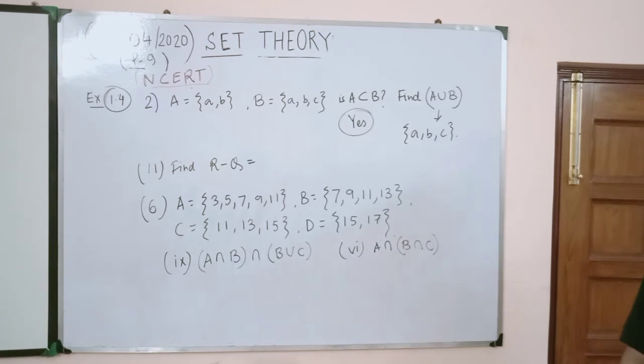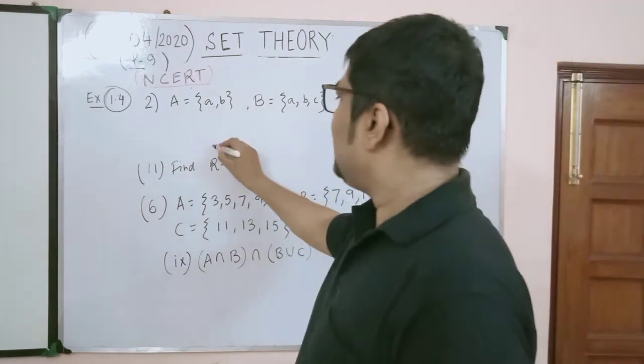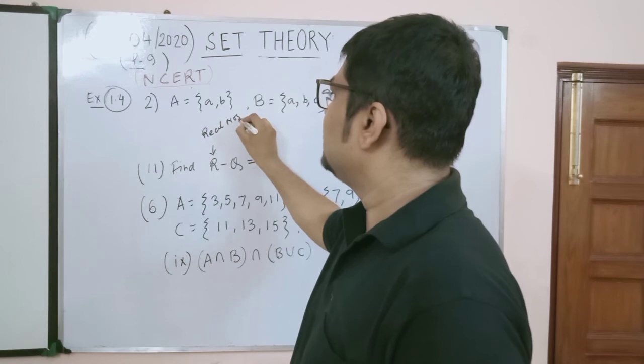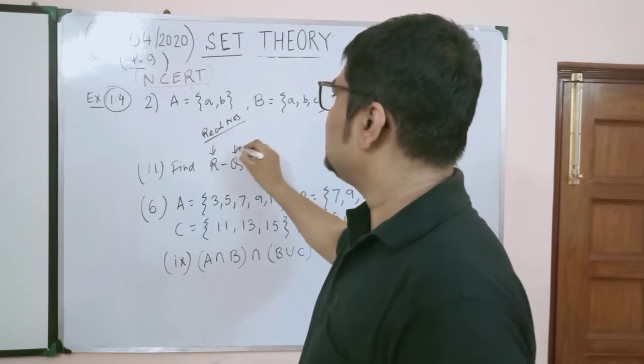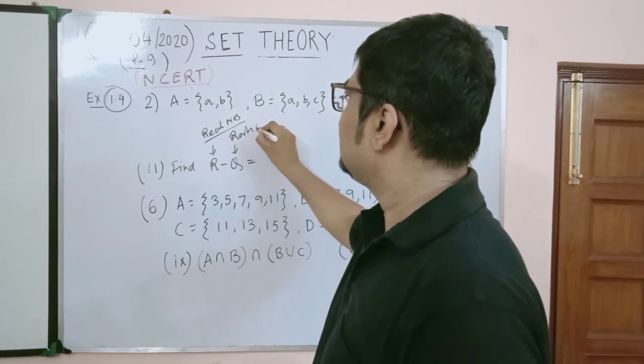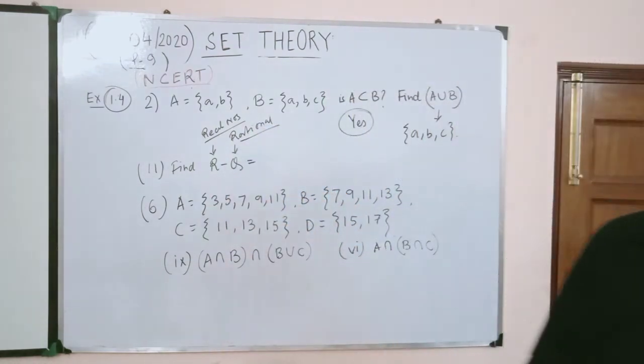Okay. Look at number 11. Number 11 is R minus Q. What is R? R denotes the set of real numbers, and Q denotes the set of rational numbers. That means real minus rational. What is left behind?